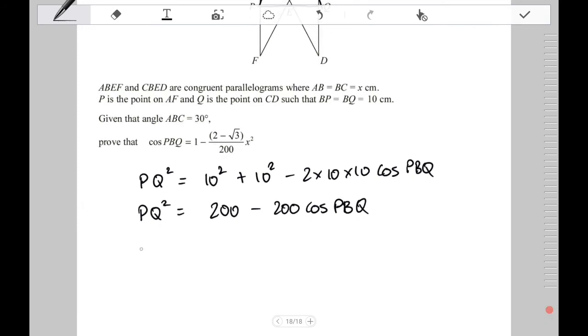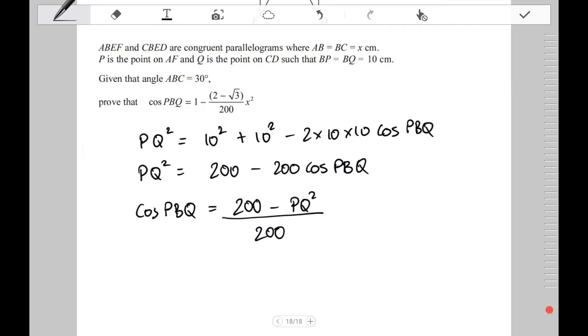So cos PBQ is equal to 200 minus PQ squared over 200.